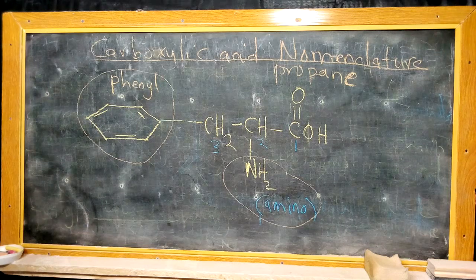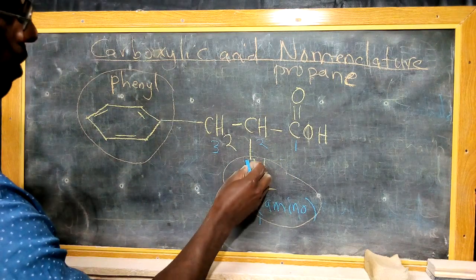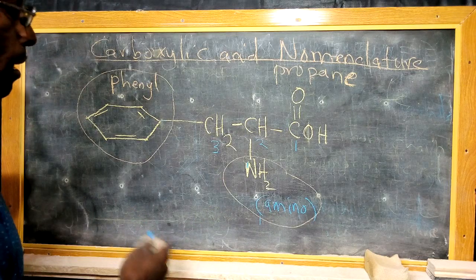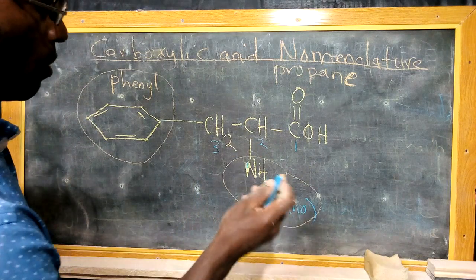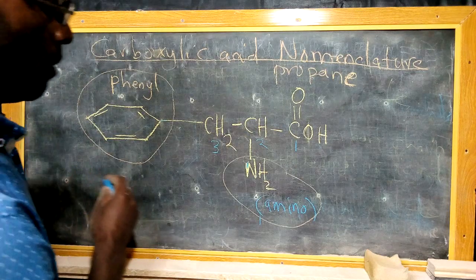Starting with the substituents, between the amino and the phenyl, which one appears first in alphabetical order? Definitely the amino. At what point of the carbon is it attached? This is carbon number 2 of the chain.